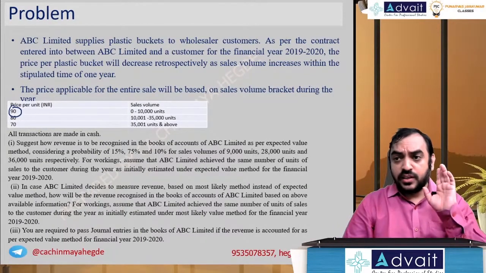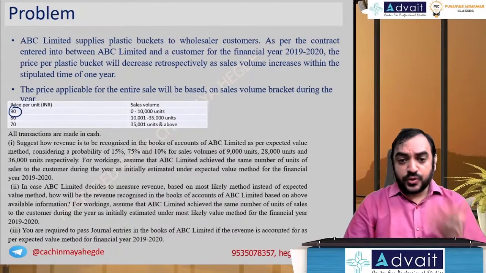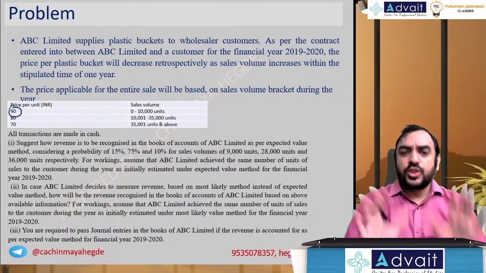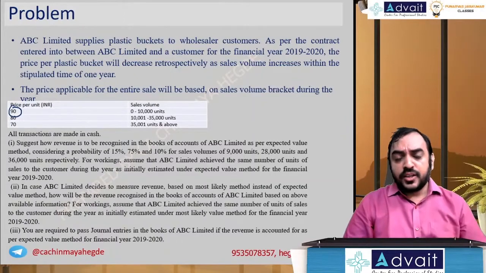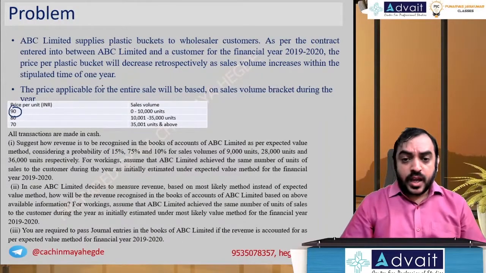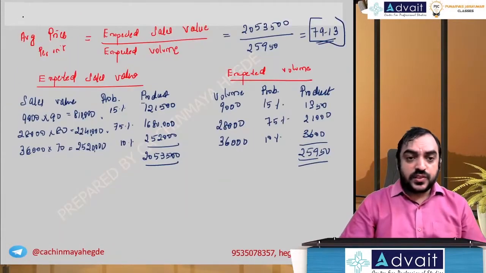So when there is a most likely method, of course, there should be only two possibilities, but assume two possibilities are there, and take the one having the highest probability. Highest probability is 75% for 28,000 units, right? So this is the expected value method.